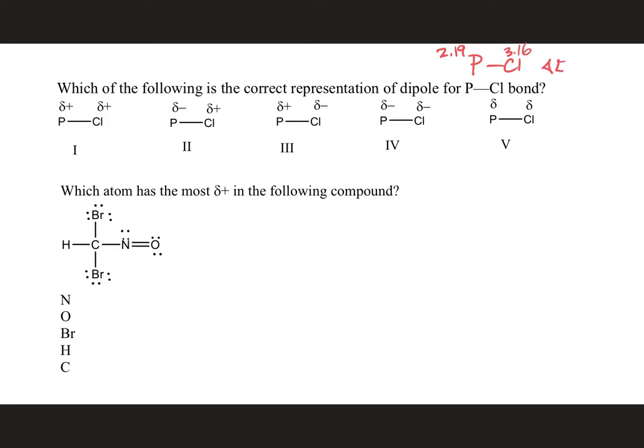So the difference in electronegativities is 3.16 minus 2.19, which is going to be, let's see, 0.97, there we go. And chlorine's more electronegative, so it's going to go in the direction of the chlorine, which makes the chlorine partially negative, the phosphorus partially positive.